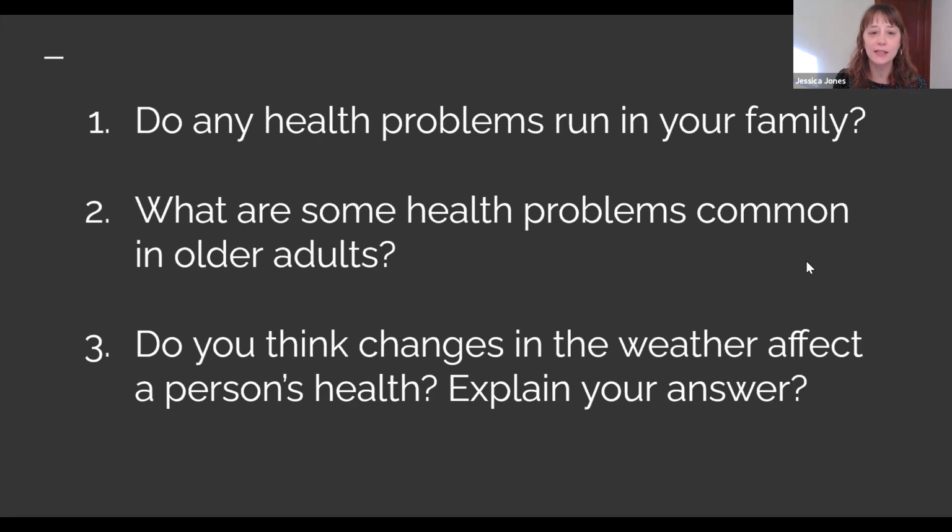And number 2 is asking students to make generalizations about a group of people, which depending on the question and the situation, you know, if I was teaching a group of students in a certified nursing assistant program where people were going to be moving into working in a nursing home type of environment, then number 2 might be an appropriate question. But for a general conversation class, I think there's agreement that number 3 is our best.